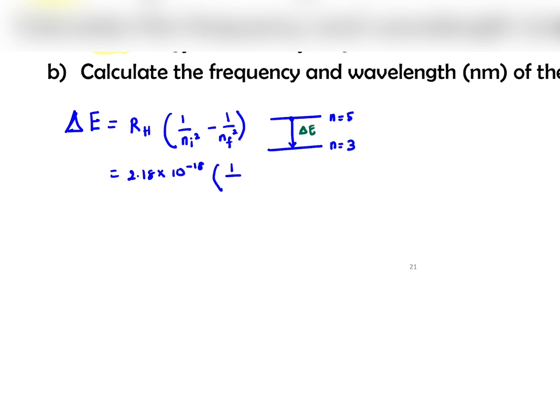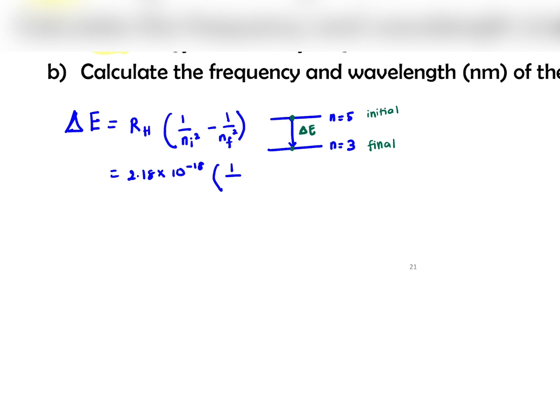Okay, so from here, the information yang kita ada, labelkan dulu siapa initial. Initial dari mana? Dari atas. Initial. And then final, n equals to 3. Okay, dia jatuh kepada n equals to 3. Alright, so masukkan dalam formula. Rydberg constant 2.18 exponent negative 18.